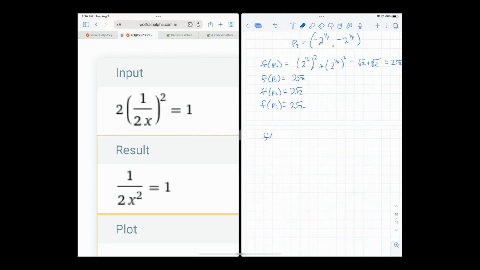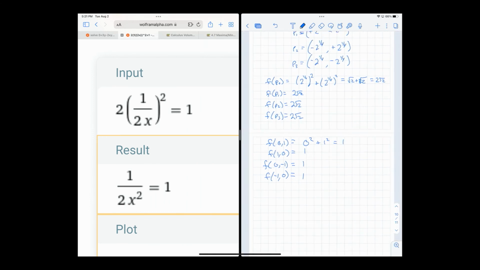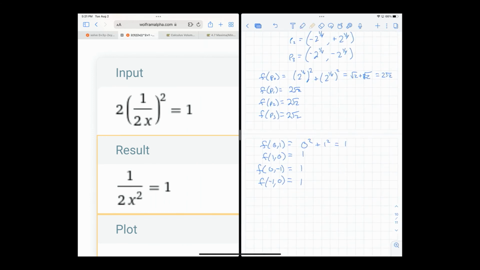And then also we had to do, there were 4 other points, ones where one of the components was 0, but again, we're plugging them in something like this. So they're all going to be 1s. So then what you end up with finally at the end of the day was that all of these are tied for the highest point.